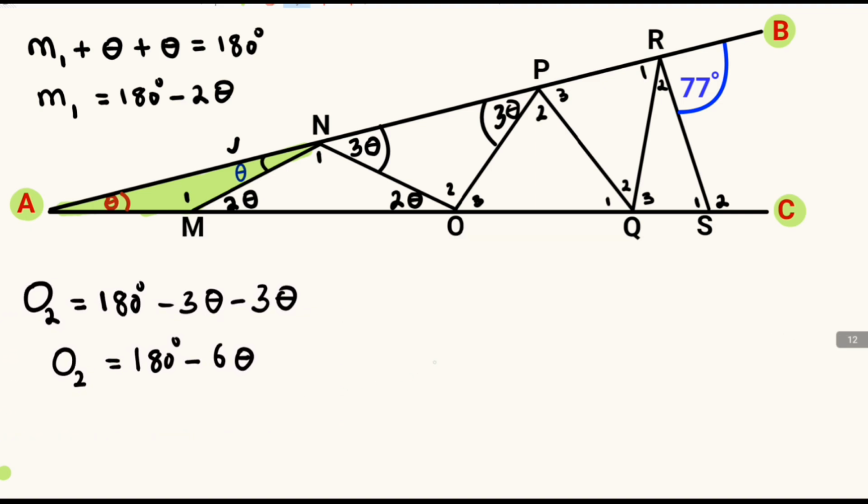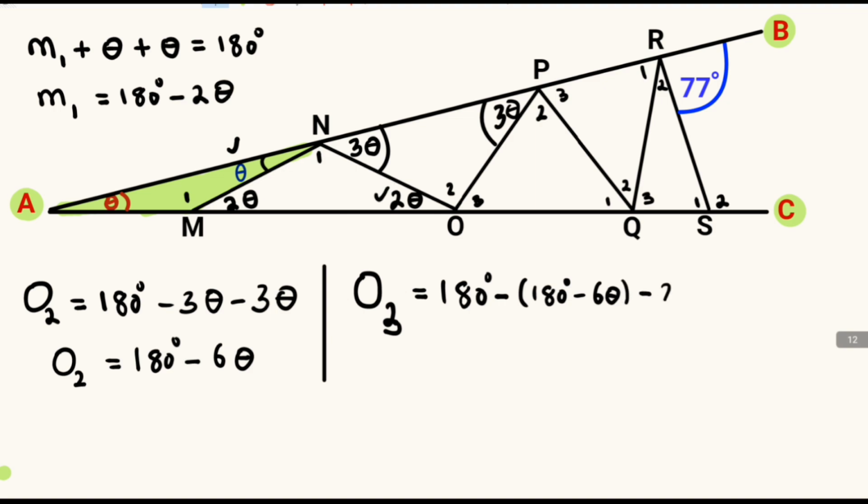And now we determine the size of angle O3, and we also use the fact that the angles on a straight line add up to 180 degrees. So our O3 will be equal to 180 degrees minus O2, which is equal to 180 degrees minus 180 degrees plus 6 theta, minus the O1, which was determined as 2 theta.